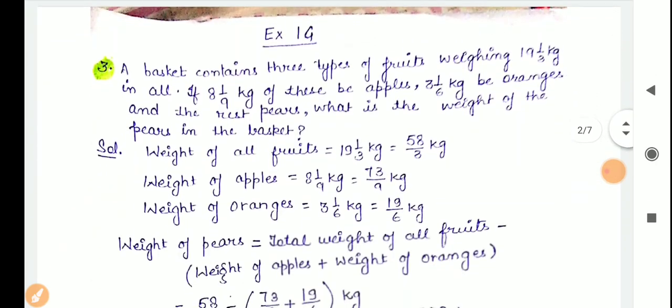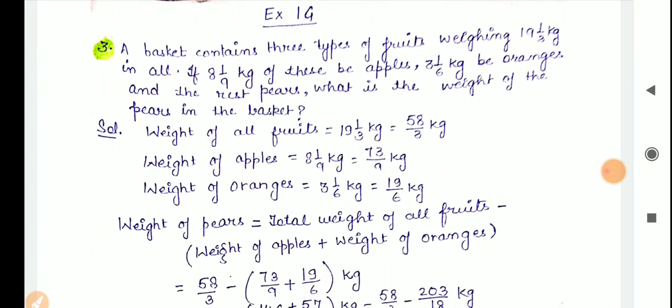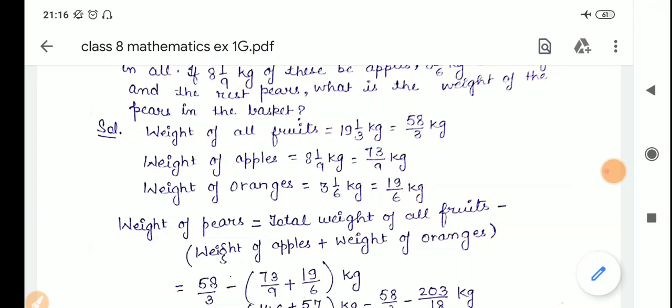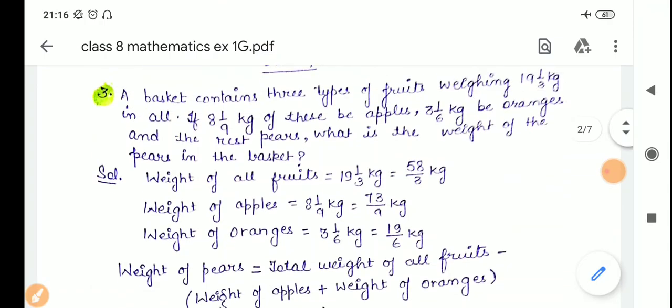Now the next question is question number 3. A basket contains 3 types of fruits weighing 19 complete 1 by 3 kg in all. Like 3 types of fruits are there in a basket.